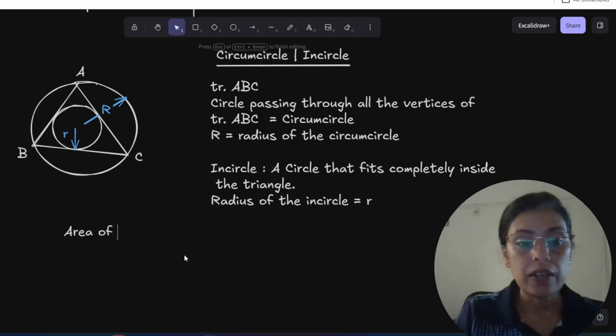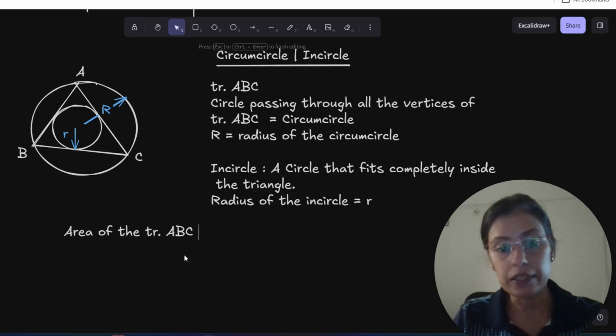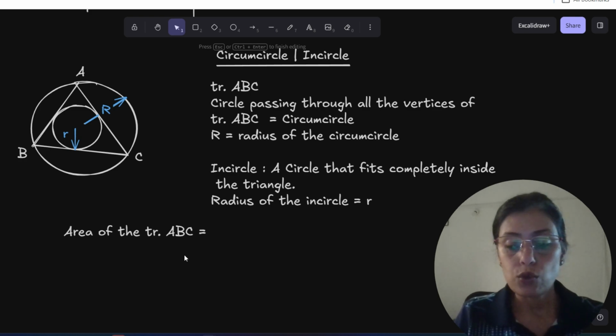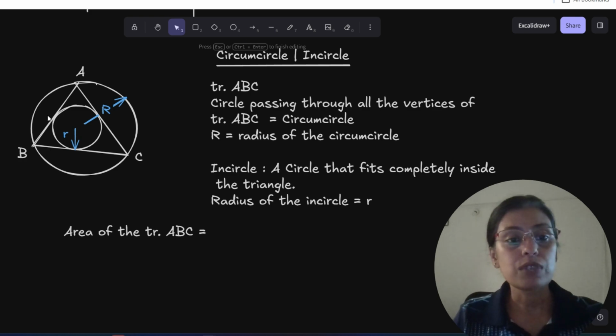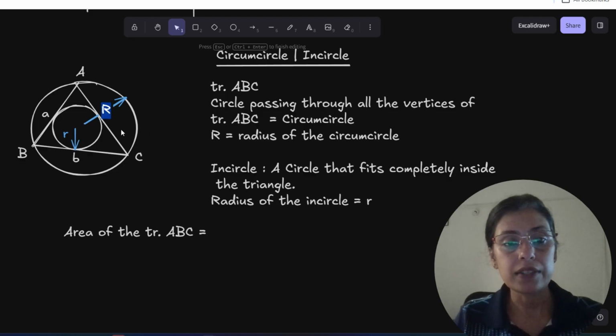Okay, so area of the triangle ABC here in terms of this circle will be given. And the sides of this triangle, this length is A, this is B, and this length is C.